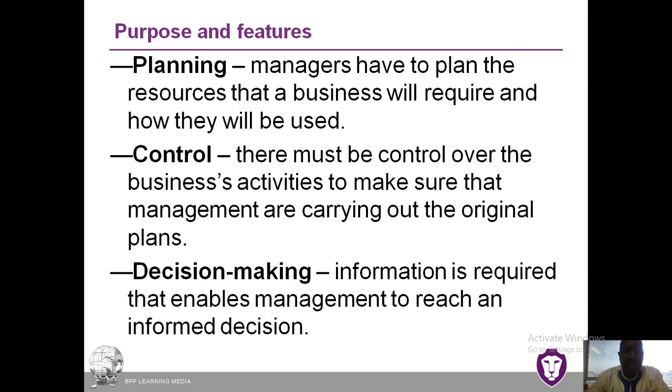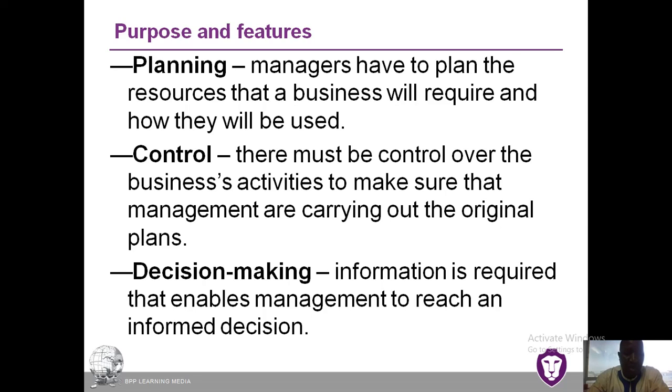And so managers can take control measures, meaning that ensuring that everything that is done in that organization is done according to the original plan. Of course, there should be the area of allowing for flexibility in the plans, but overall we have to make sure that whatever we are doing in an organization is in agreement with the plans that were made.